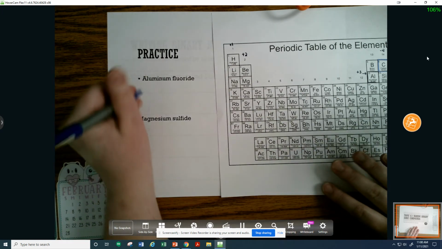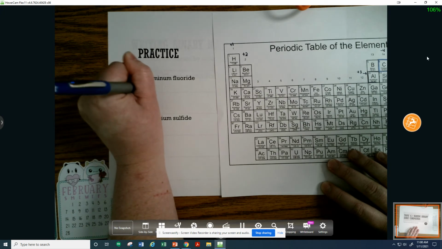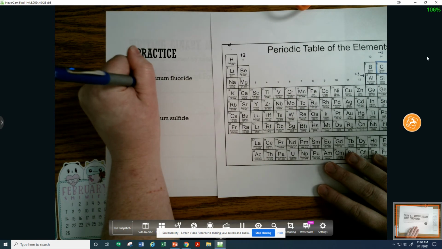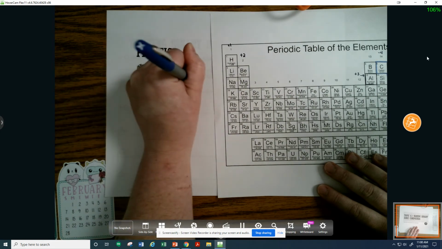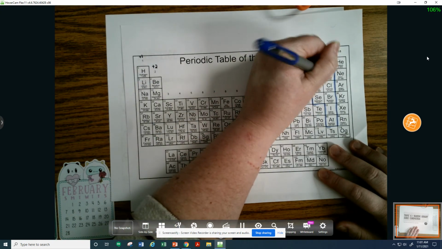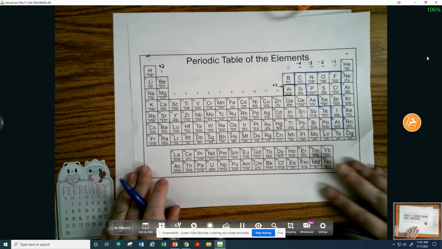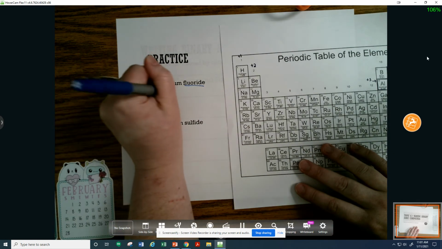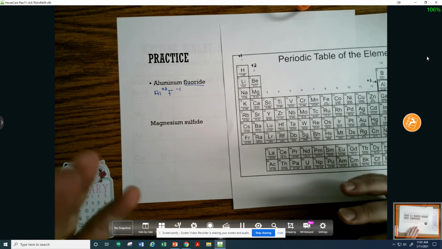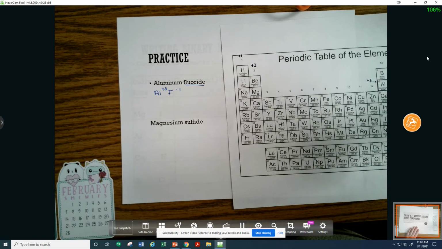So the first thing we do to get to that formula, like we just did in the table, is you're going to write your symbol. So we have aluminum. The cation always goes first. Aluminum is a +3 charge. Like I said, fluoride is indicating fluorine. So I know that F is its symbol and -1 is its charge. Now we are right where we just left off, practicing with the table. So the one step I left out was the full name.